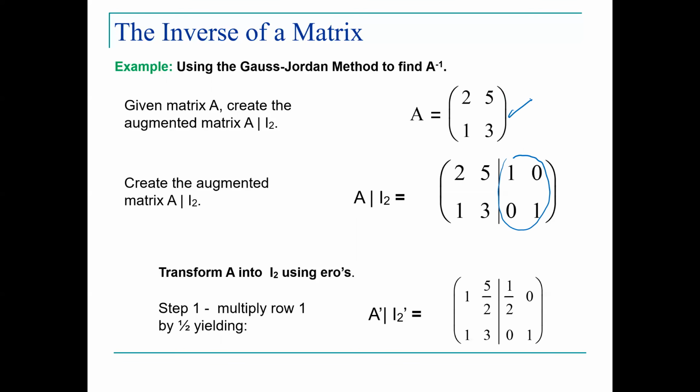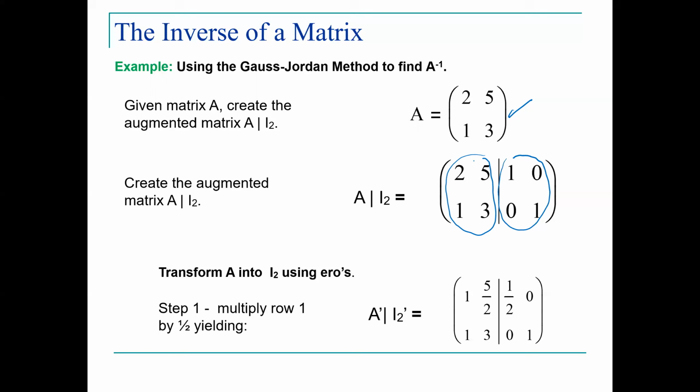That's the augmented matrix. The idea now is that we are going to use the Gauss-Jordan method to make this side of the matrix the identity matrix. So to transform A into I2 using the elementary row operations, these are the steps that we are going to follow now.